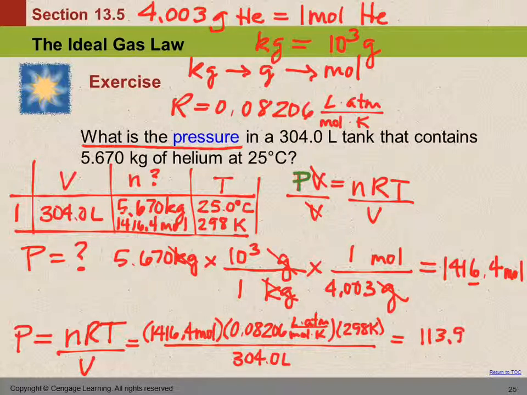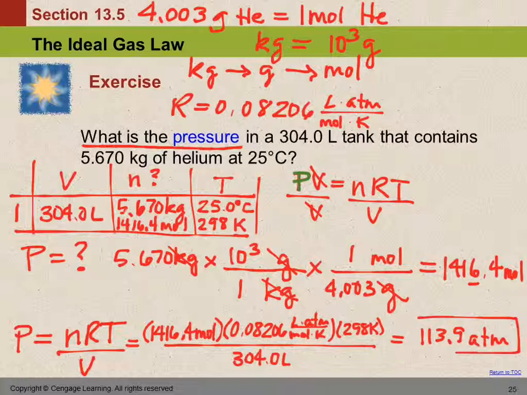113.9, and what unit will that have? ATM. Doing the unit canceling is kind of confusing, but we had all of our other terms with the correct units, and so then pressure will end up being the pressure unit from the constant.